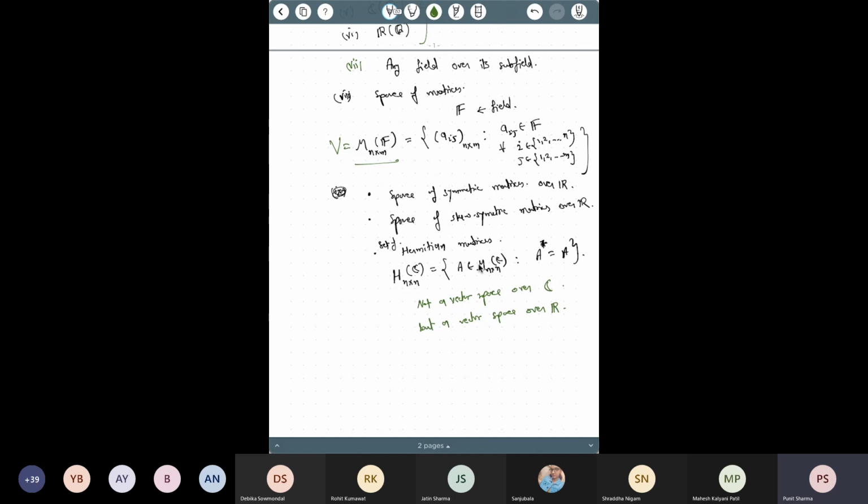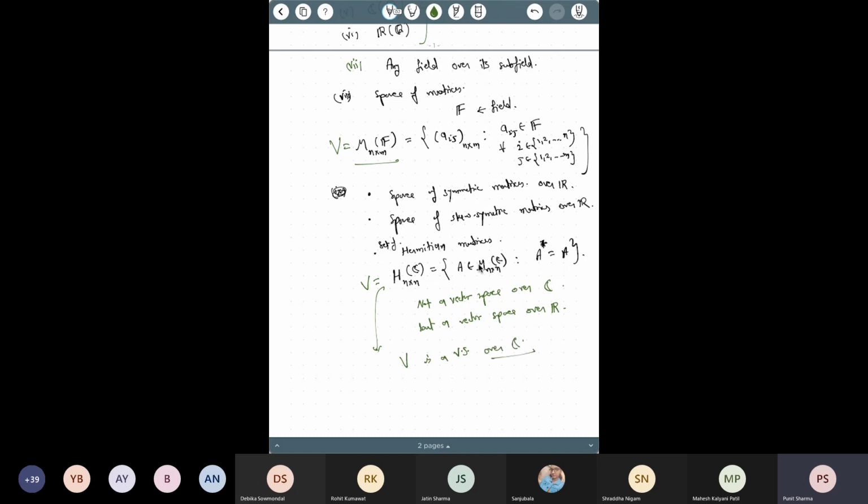Now you have to say which field it is. So for example, look at the set of all Hermitian n cross n matrices. Here the entries of the matrix are coming from the field C, but then let me call this V. Now I want to check whether V is a vector space over C or not.